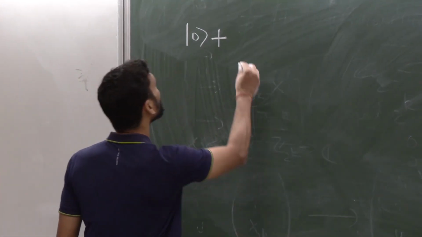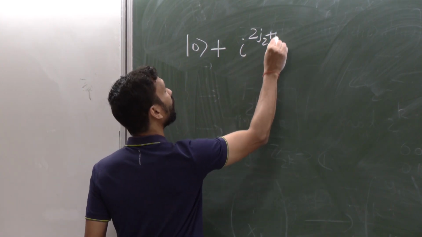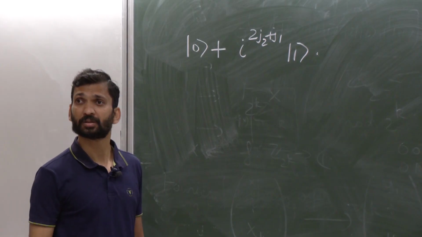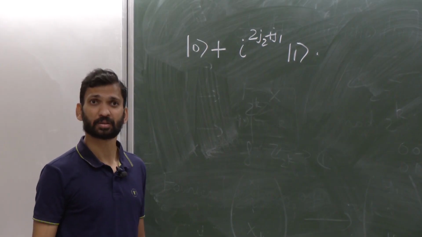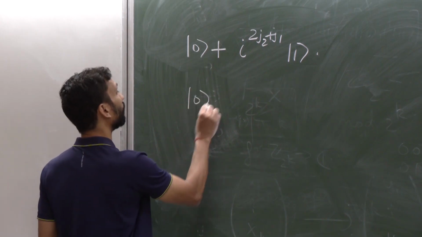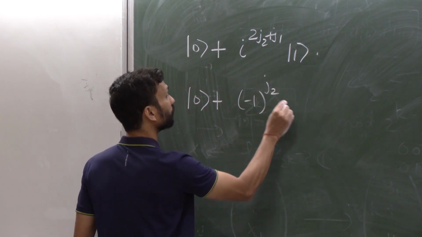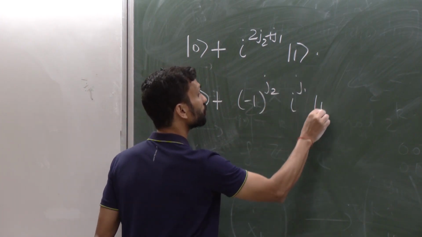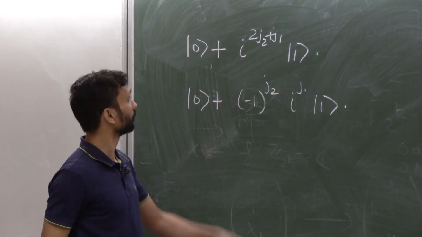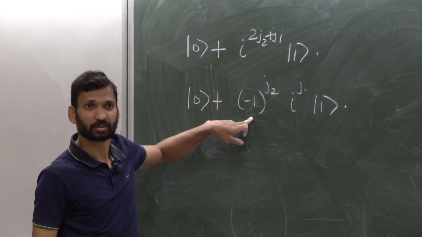Now, this is i to the power, right? i square is minus 1, right?